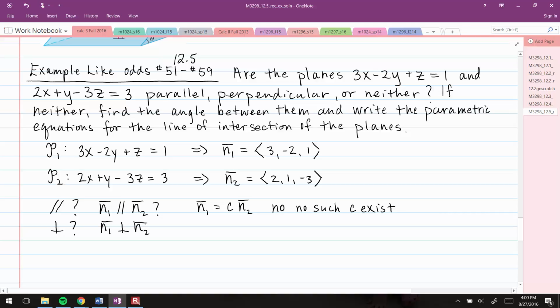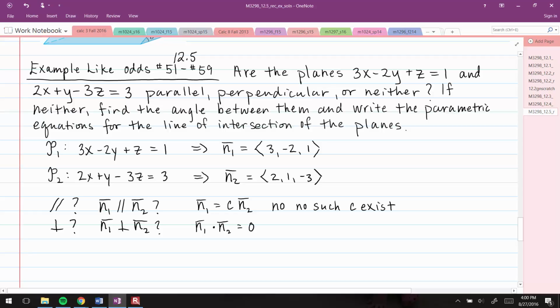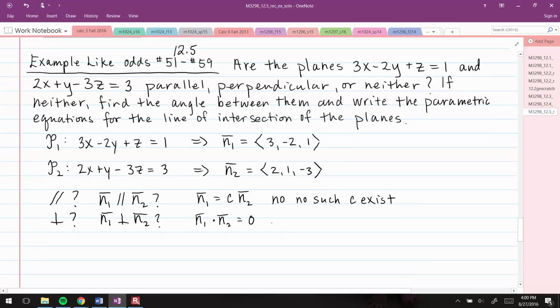So how do we tell if two vectors are perpendicular or orthogonal? We take their dot product and we see if it's equal to what? We see if it's equal to 0. That's a pretty easy thing to do. So let's just do it.